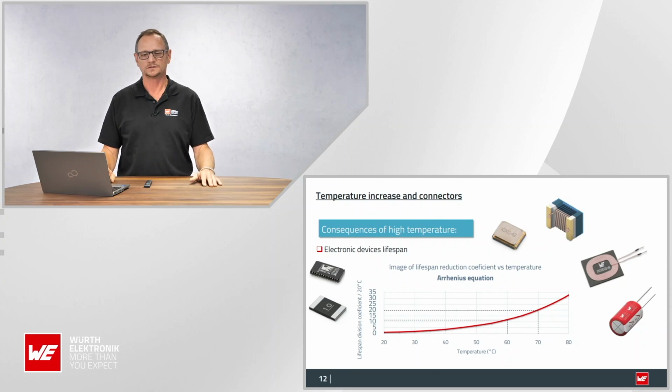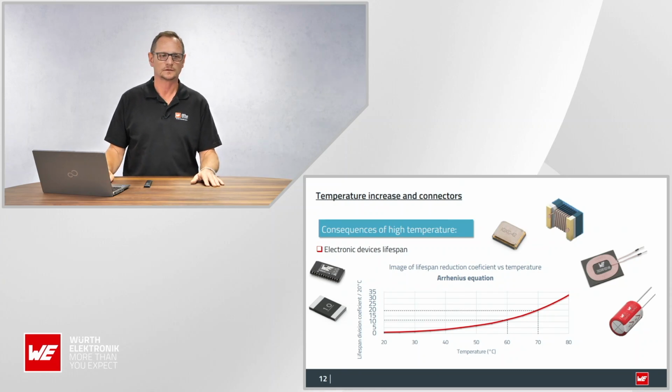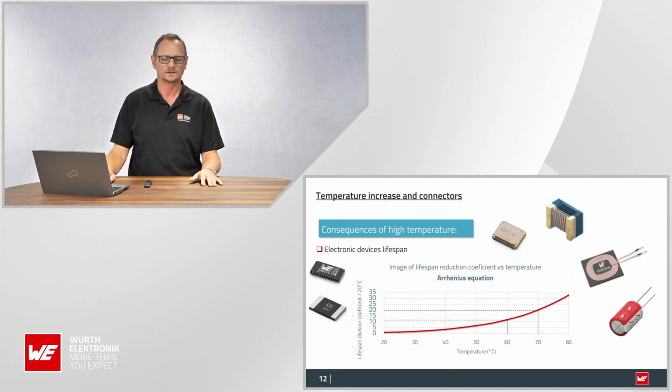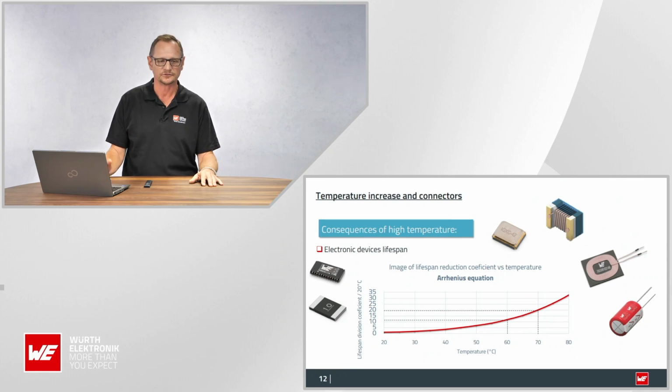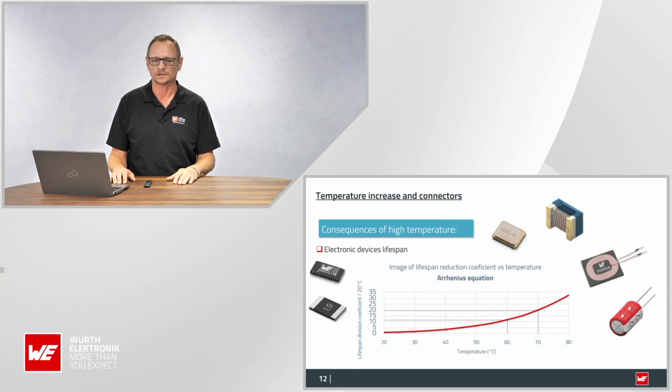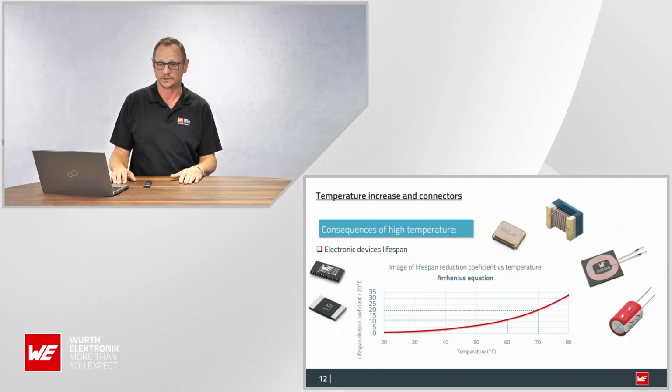So we can look at this table. There is a formula called the Arrhenius equation, and this looks especially at the lifespan of all kinds of components, and at the end, of course, of the whole product consisting of a lot of components. And we start at the ambient temperature, generally 20 degrees.